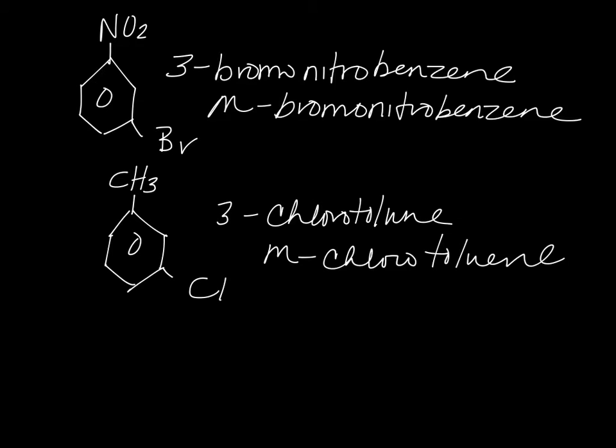Now, the last thing that I want to show you is when you actually add benzene as a functional group to a straight chain molecule. So here is benzene, right? But when I turn benzene into a functional group, it's called a phenyl group.